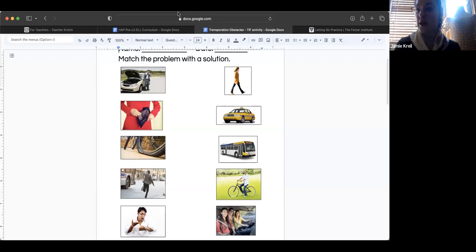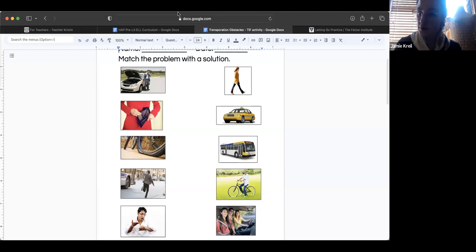And so after you would go through the vocabulary for that, they would do this matching activity. You could include pictures as text, but you could have something that's a little bit more text-based if you'd like. I do a lot of these kinds of matching activities with my pre-lit students.